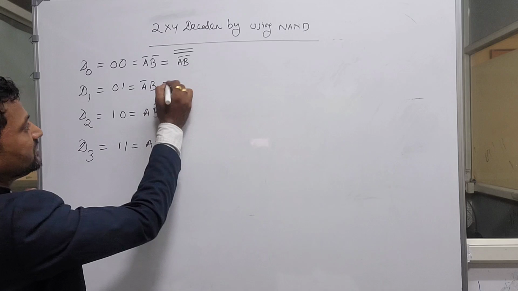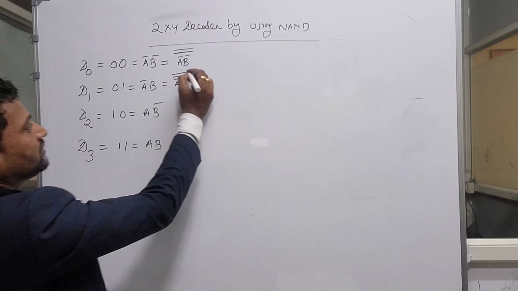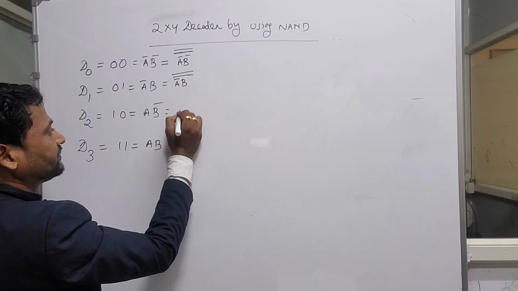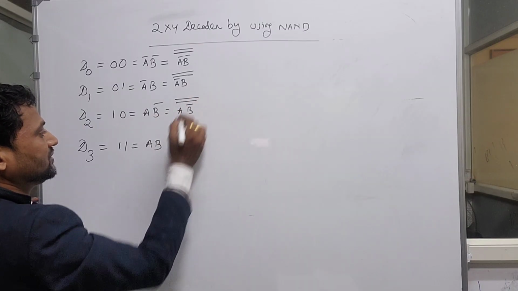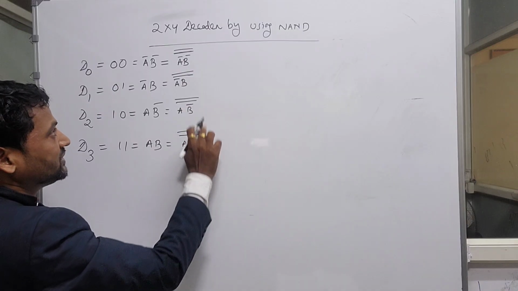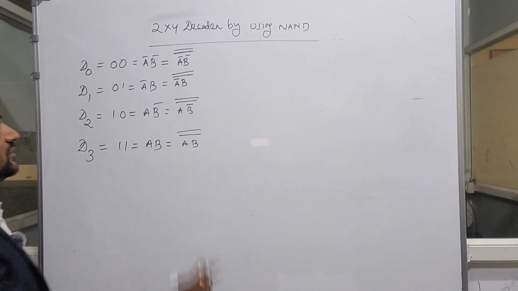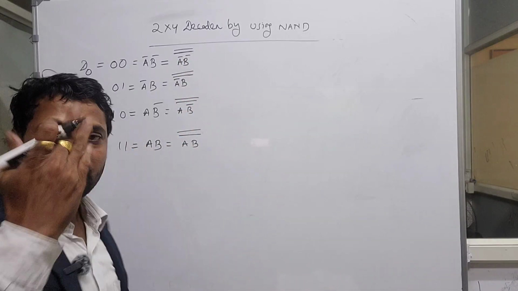Similarly here also A bar B, you take two bars consecutively, and the same thing here. Is it clear why I am doing this? Because I have to design the circuit by using NAND gates. So one bar will nullify another bar.